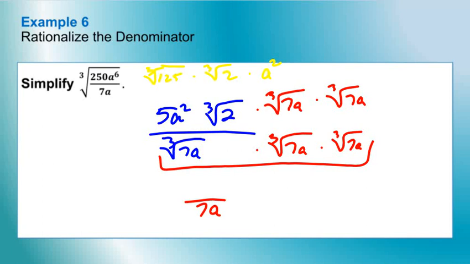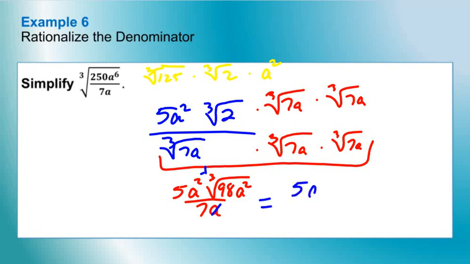So let's see, the radicands are not the same. So I would have 5a squared times the cube root of 7 times 7 is 49 times 2 is 98a squared. From this point, I can take an a away up here, take an a down here.